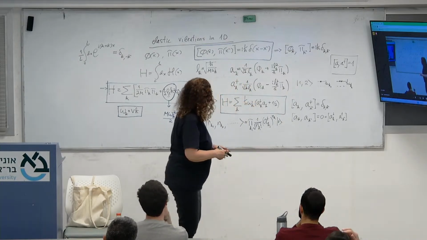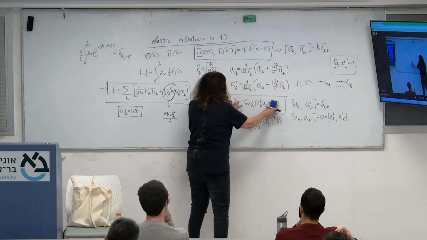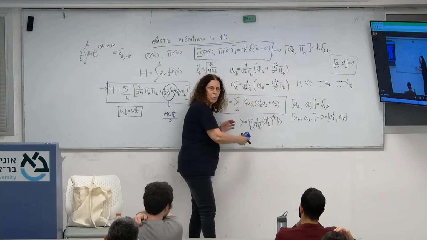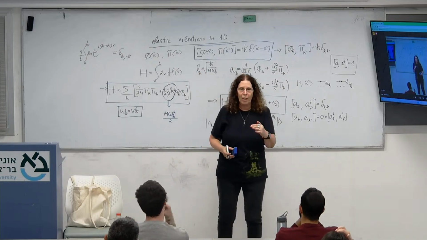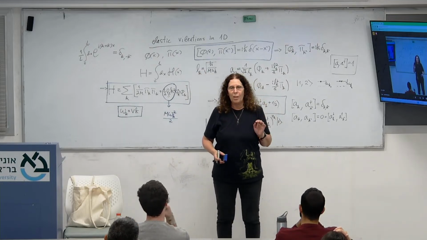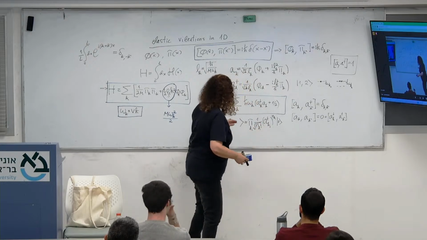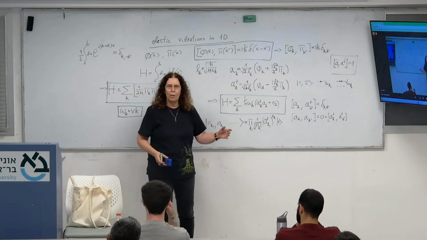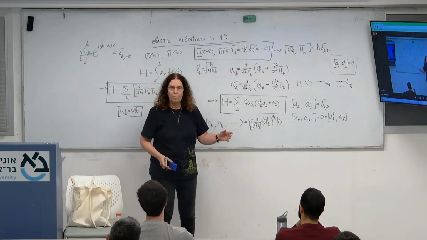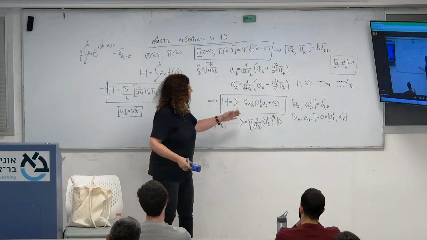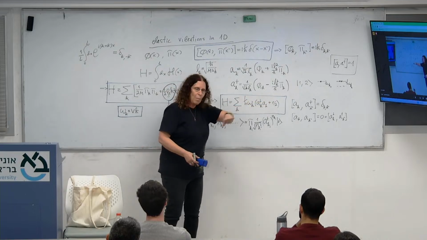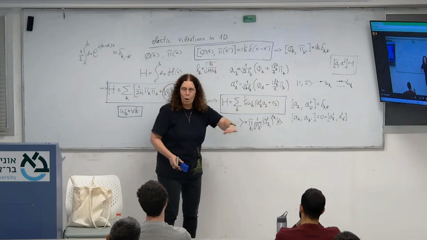So actually the value of the ground state energy is of no significance, because all the physics is in the excitations above the ground state. There's some energy, you can call this zero.